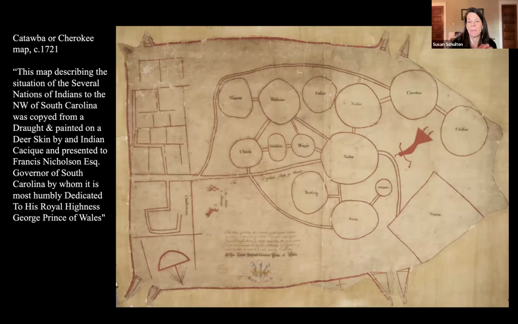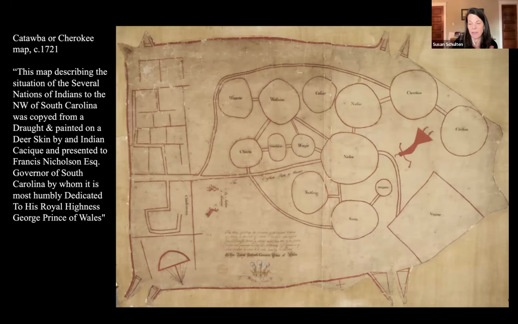So what we have here is a map that was copied by the English based on one that was presented to the governor of South Carolina at a summit between the Indian tribes and the governor in 1720 or 21.